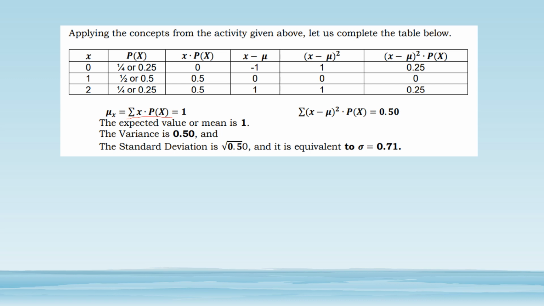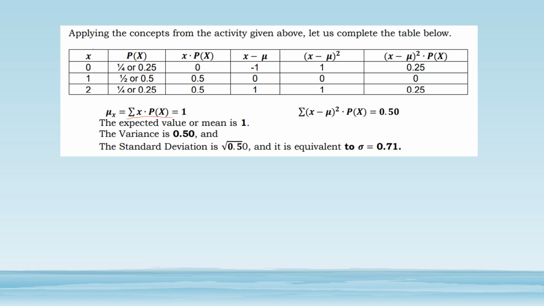The random variable is the number of heads. The values of the random variable are 0, 1, and 2. The probability of getting 0 is 1/4 or 0.25. The probability of getting 1 is 1/2 or 0.5. The probability of getting 2 is 1/4 or 0.25.